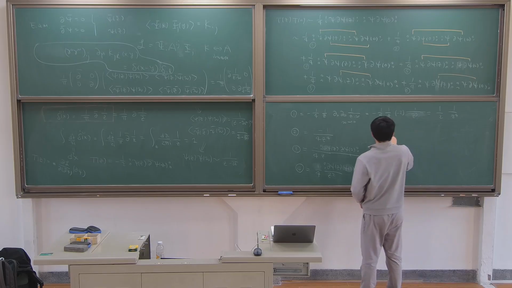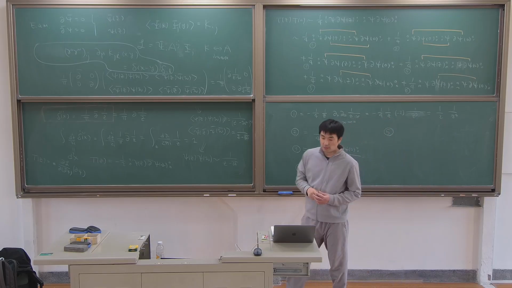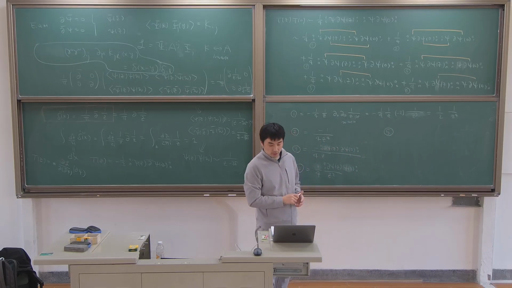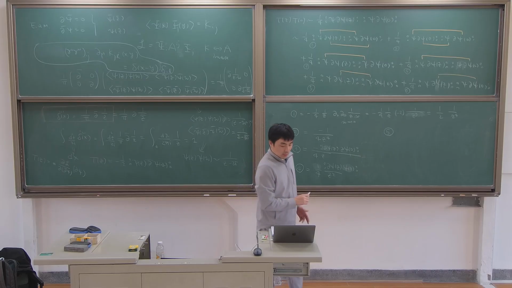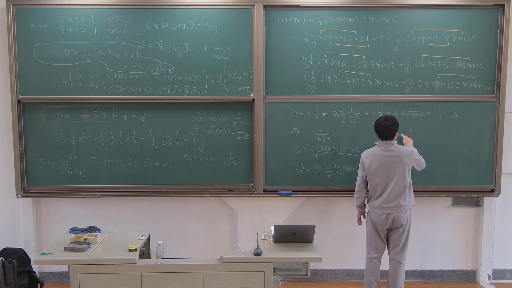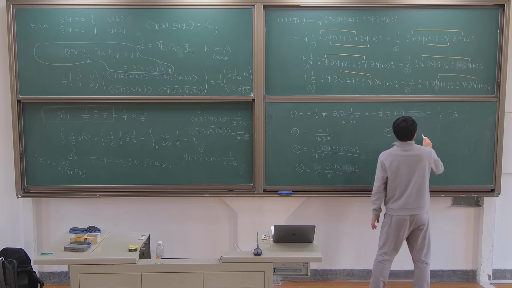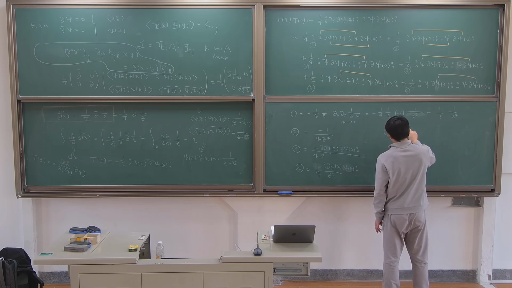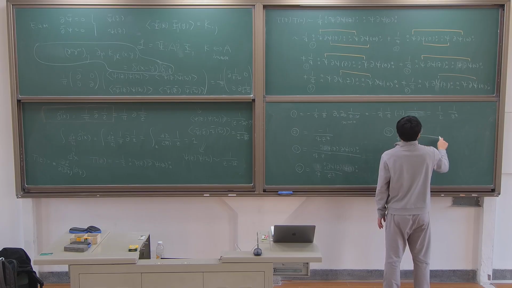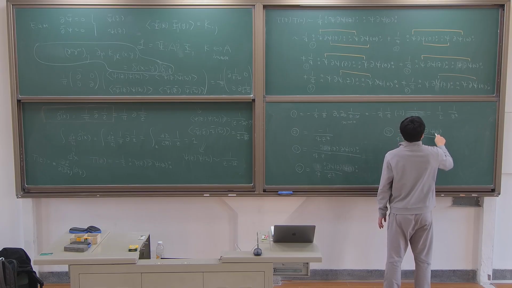Number 5 is also very straightforward. Minus 1, z squared, minus sine of t and down sine t.